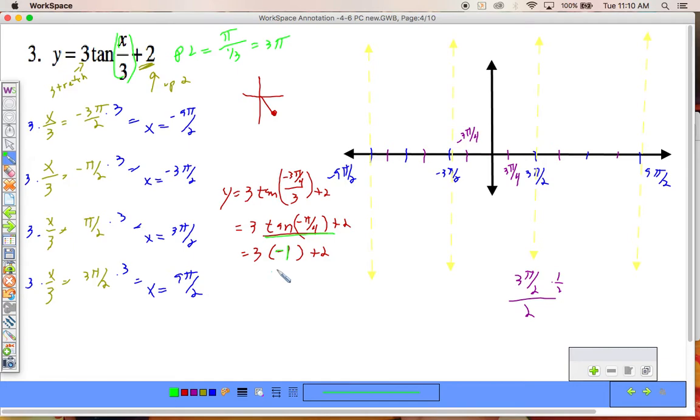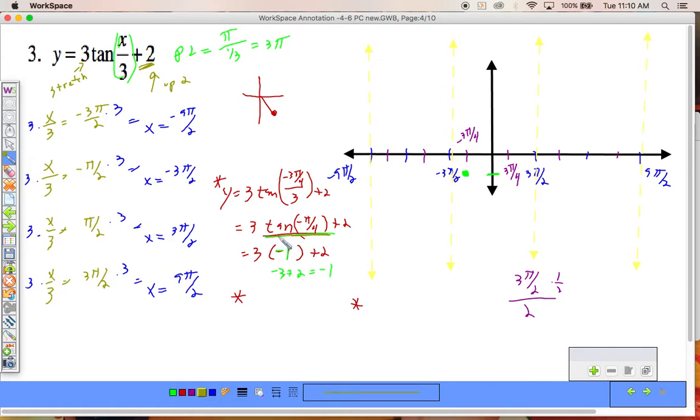Now I finish my math. I get negative 1, so I'm going to put my first point down here. All right, there's my first one. All right, now my second and my third. We're going to kind of do less work this time.